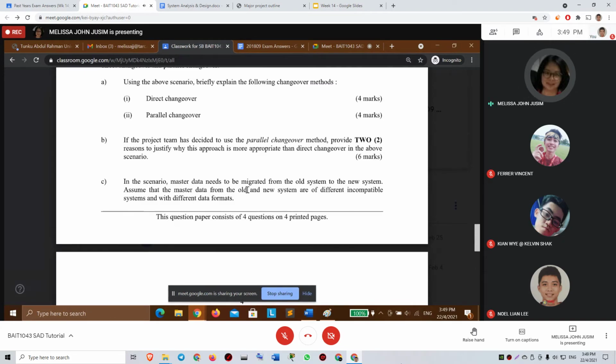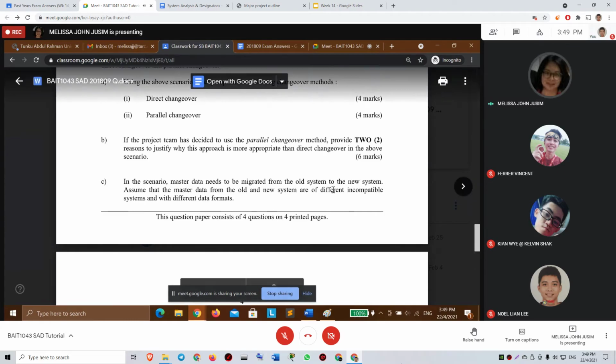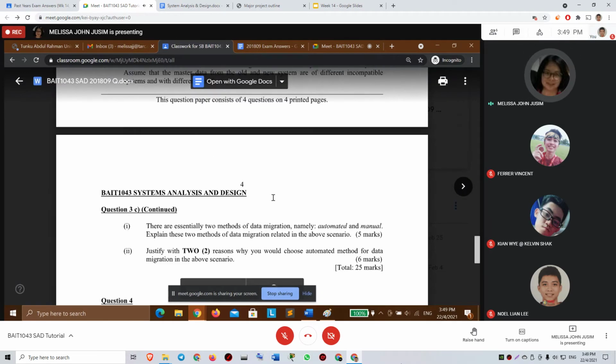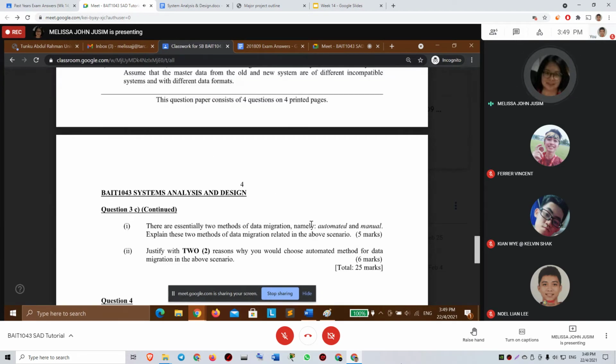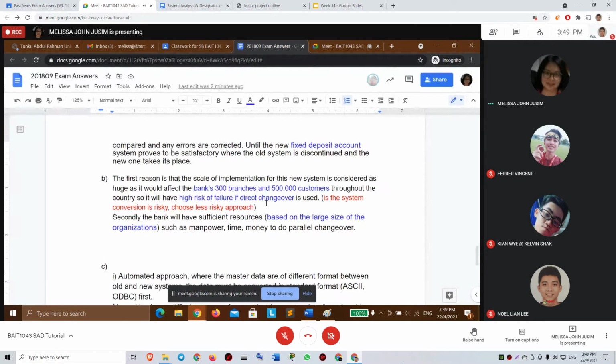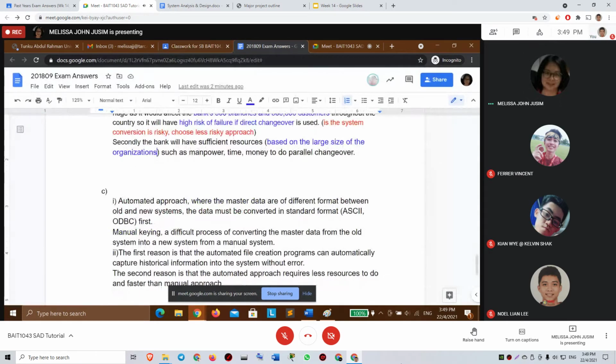Master data needs to be migrated from the old system to the new system. Different incompatible systems with different data formats. Definitely not compatible. These are automated and manual. Explain the methods of data migration. Okay, automated. Let me read first.